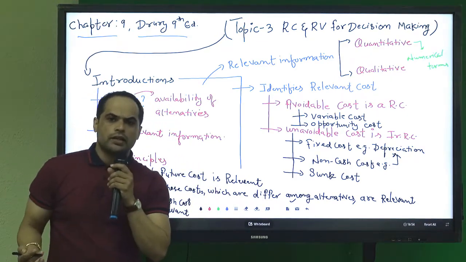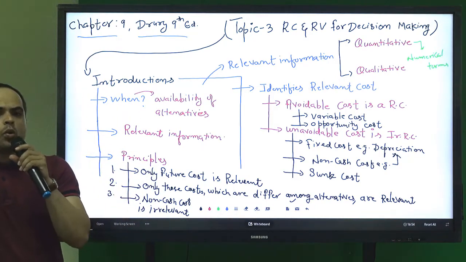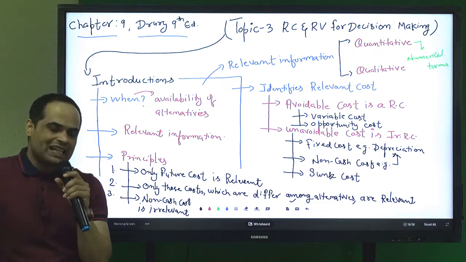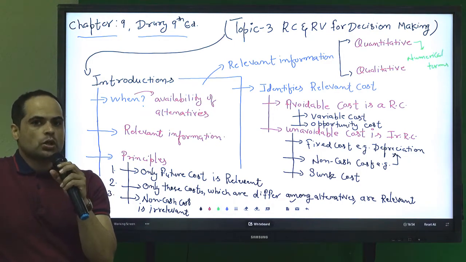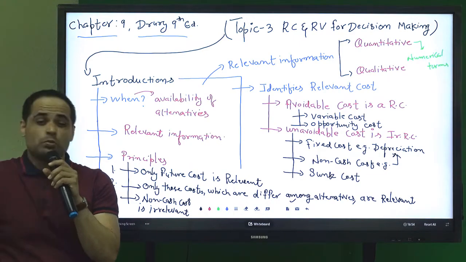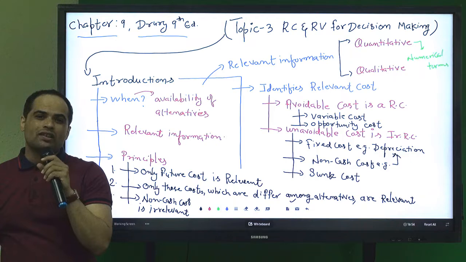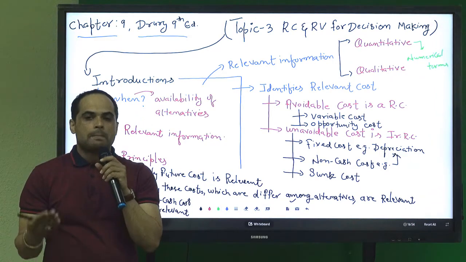You know that in organizations, whatever decisions we're gonna make, we do not make decisions only based upon the quantitative information, which means we cannot simply make decisions by looking at the numbers. All right?